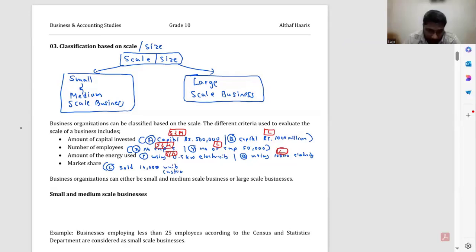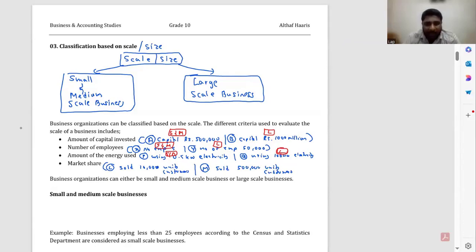Company M sold 500,000 units. That means they have 500,000 customers.